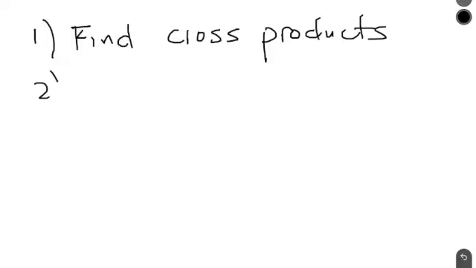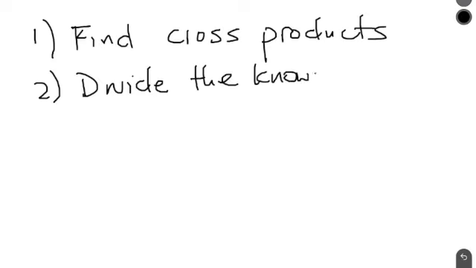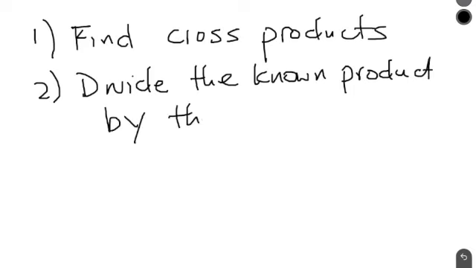And then step 2 is where we divide the known product by the known factor. And we'll do a few examples to cement our understanding of proportions.